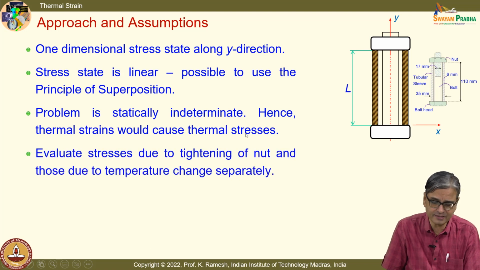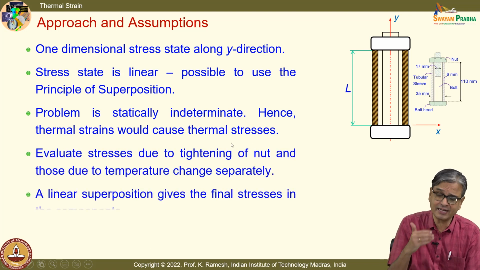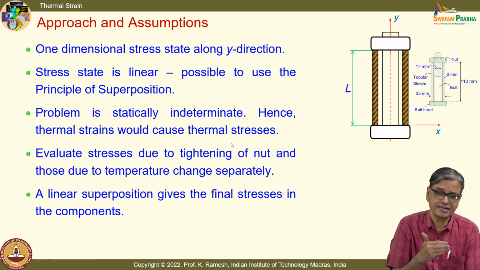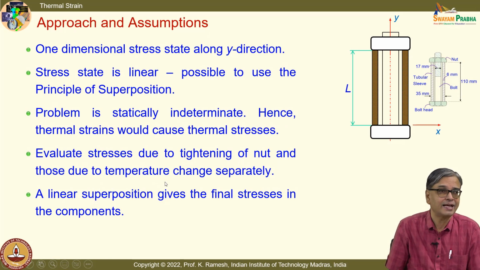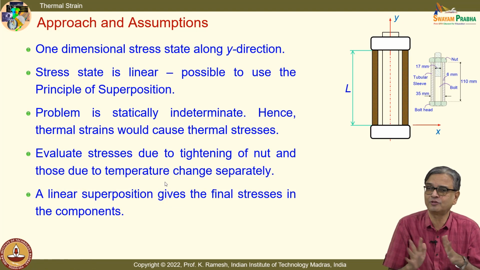You will have thermal stresses developed because there are constraints. It is a statically indeterminate problem, so you have constraints, and because of that, thermal stresses are introduced. So, evaluate stresses due to tightening of a nut separately and those due to temperature separately and add them together. You can use the principle of superposition.